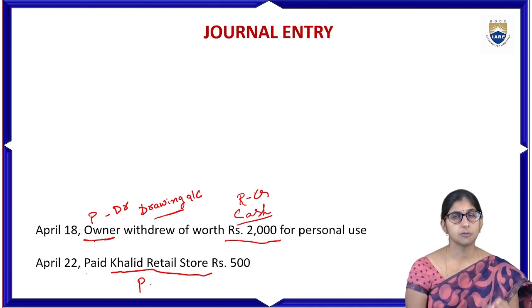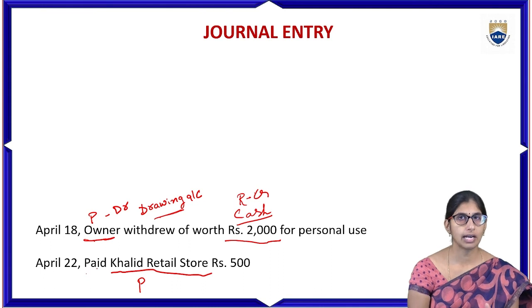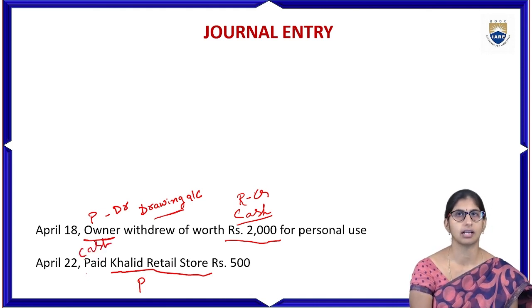We should get another item too in the transaction, right? But it is not given in the transaction for our visibility. Paid Khalid retail store. Means what are we paying? We'll pay cash only. So cash is a hidden item here again.